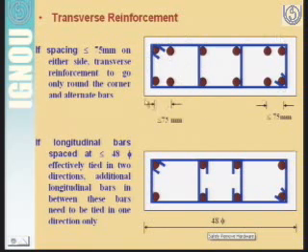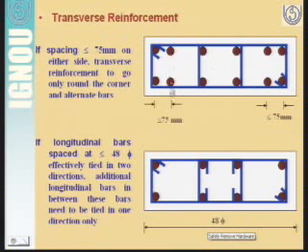As you can see in this picture, if the spacing of the longitudinal bars does not exceed 75 mm, then this transverse reinforcement should go only around the corners, these 4 corners of this section, and alternate bars.